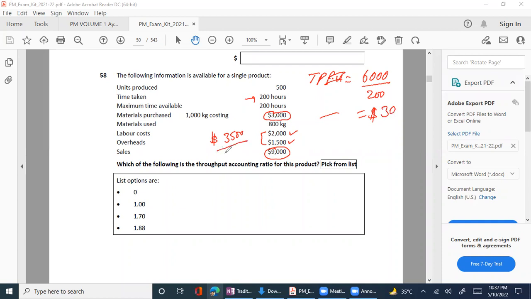And if we divide the fixed cost by 200, what will be our fixed cost per hour? $17.5. And if we divide 30 by 17.5, what will be the throughput accounting ratio? 1.70. So this will be the answer.